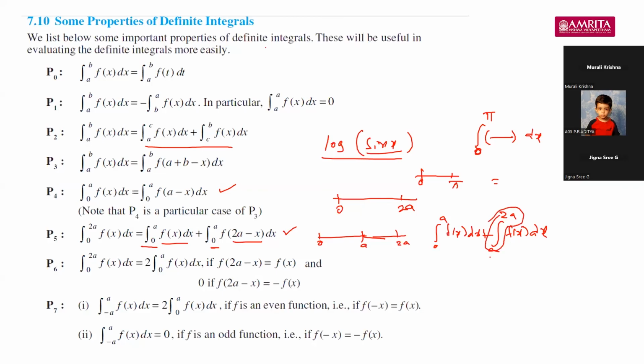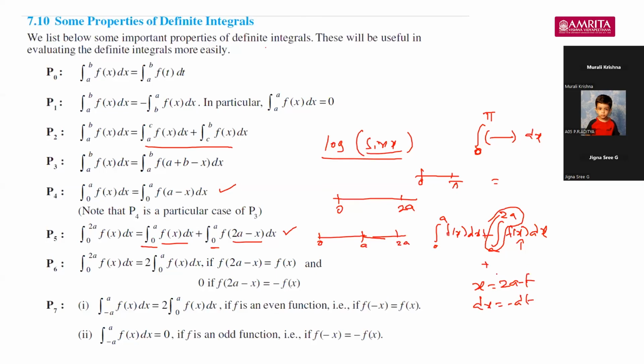So there is a transformation, a substitution method. Replace x with 2a minus t. You can take x equal to 2a minus t in this question, in the limits. So our problem will be converted to f of 2a minus t dt. Actually, dx is equal to minus dt.